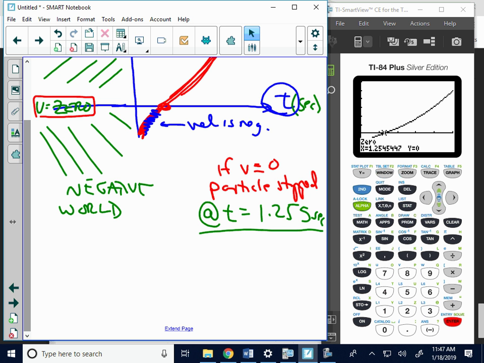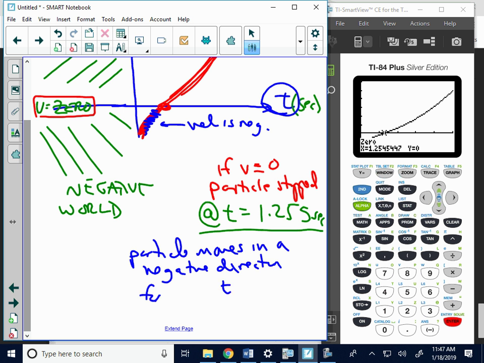So let's make that note. Particle moves in a negative direction for time between 0 and 1.255. And again, these are seconds.